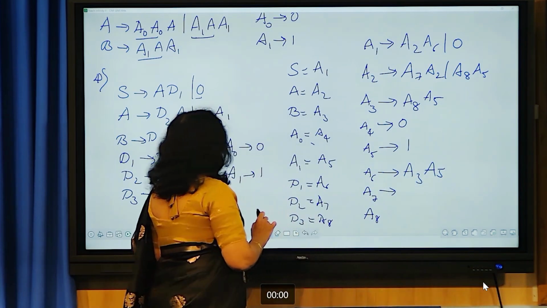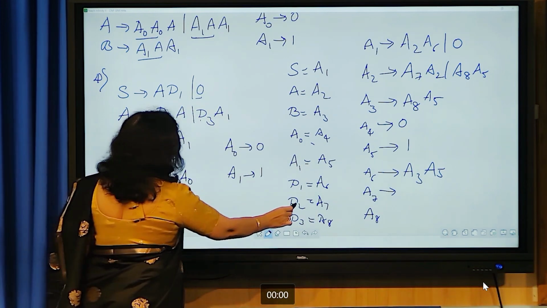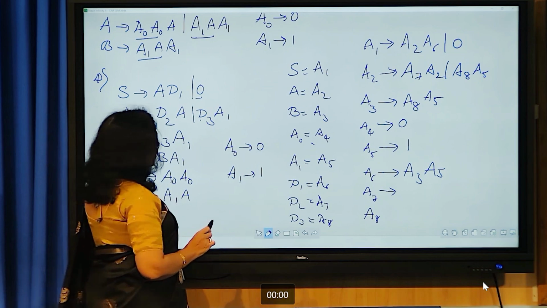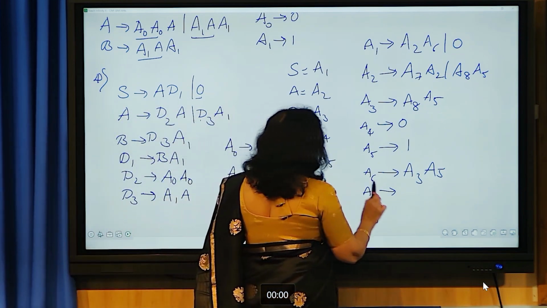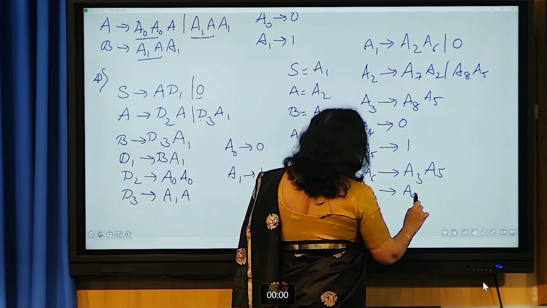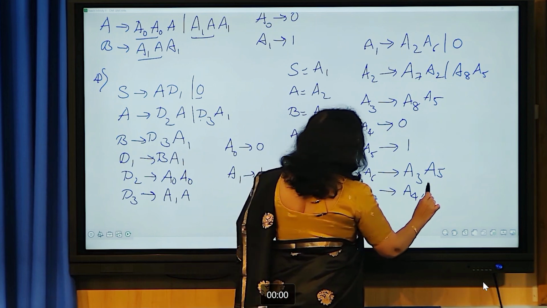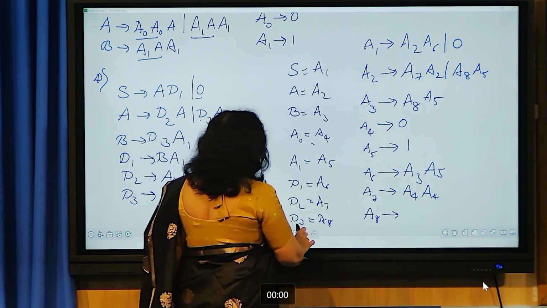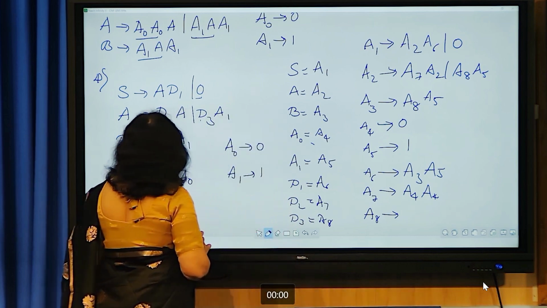Now A7 means D2. D2 produces A0 A0, and A0 is A4. Then D3 is A8.